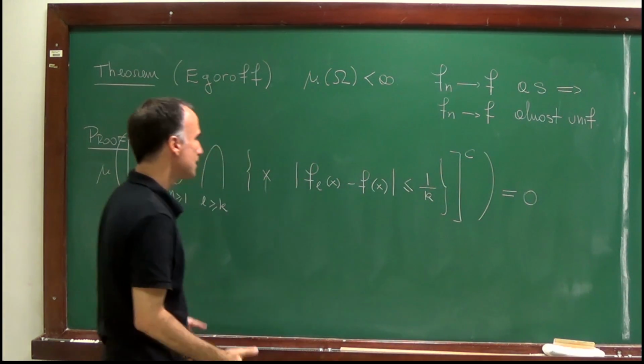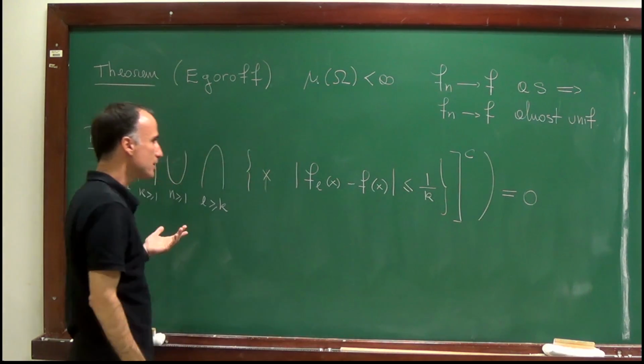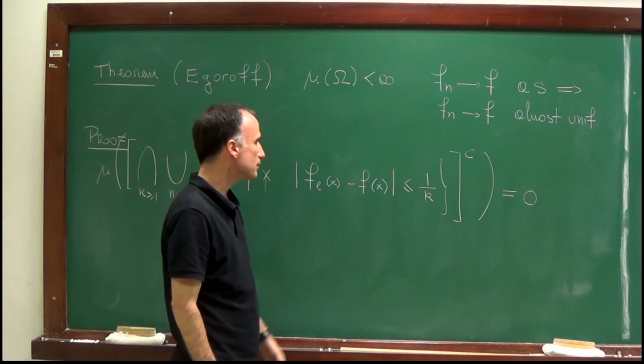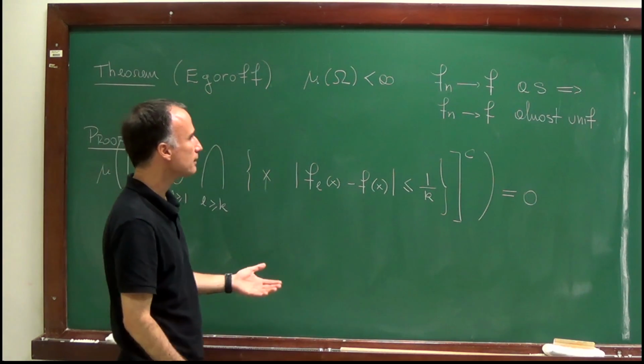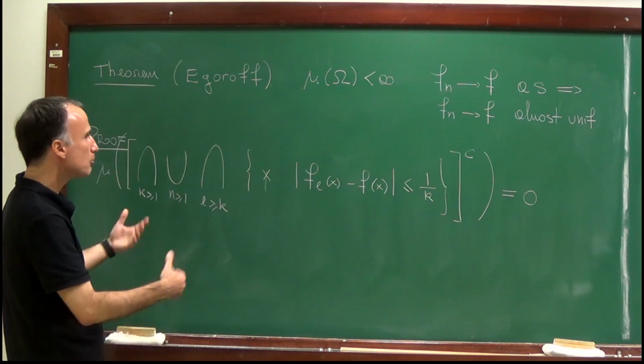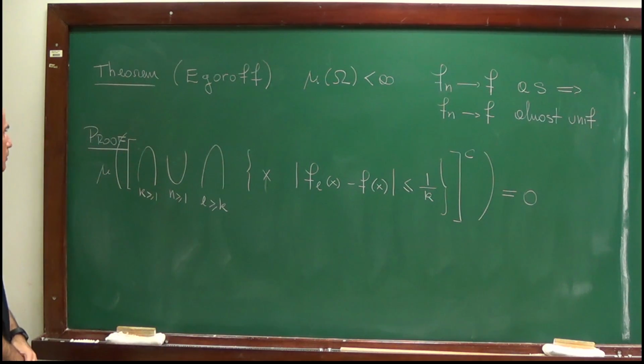As I said, this set represents the points x for which Fl of x converges to Fx, and therefore saying that this convergence holds almost everywhere means that the complement of this set has measure 0. This is just what we wrote.